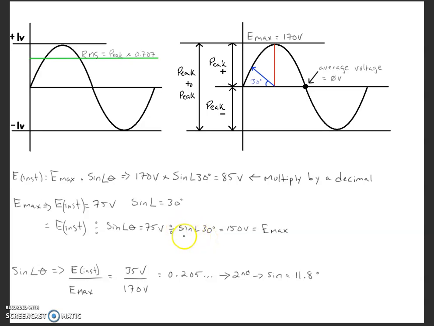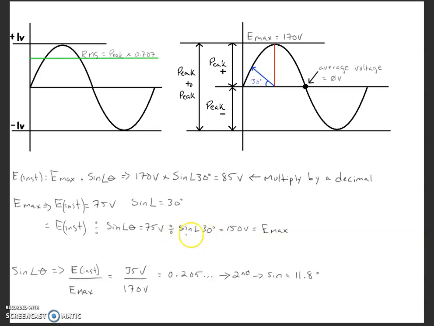When you punch the numbers into your calculator, you're going to get the most accurate measurement if you go 75 divided by, and then literally punch in sine of 30. I mean, this is only going to be 0.5 anyway, but some degrees are going to give you many decimals.